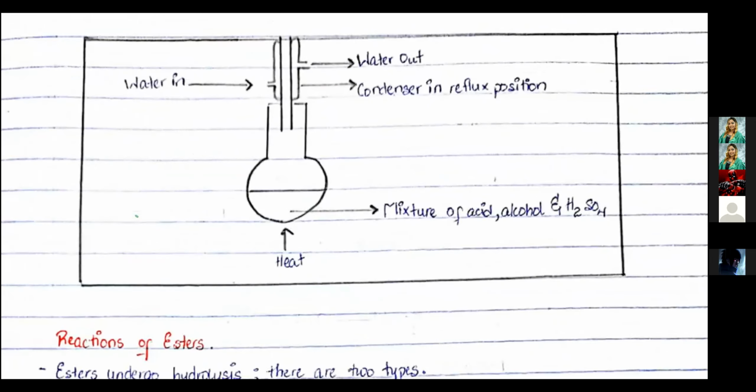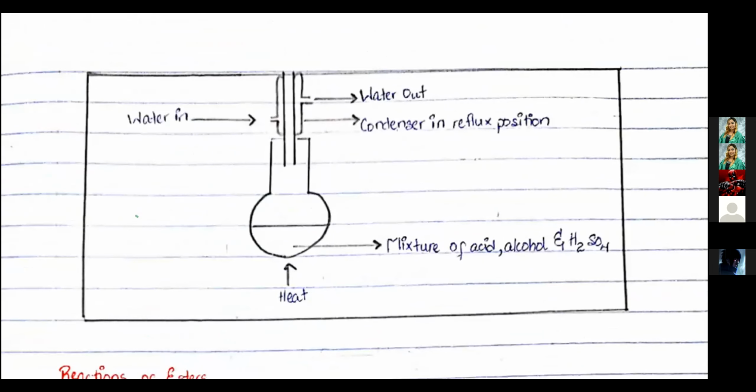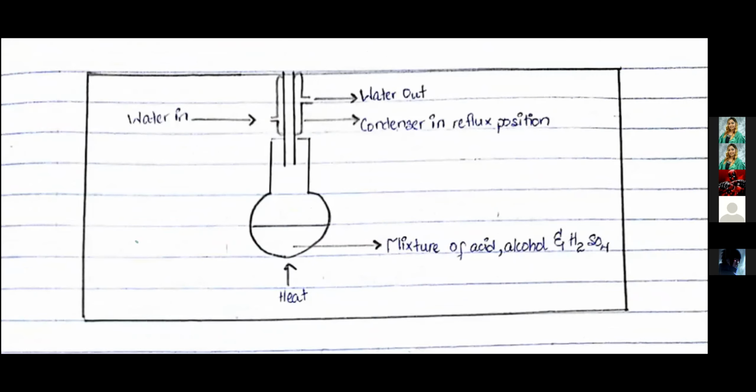So this is a diagram of what the setup would look like. You have a round bottom flask over a Bunsen burner to give you heat. In the round bottom flask, you're gonna have a mixture of acid, and you're gonna have a mixture of the alcohol and the sulfuric acid. Like I said, it's heated on reflux. It goes up into this tube, right?